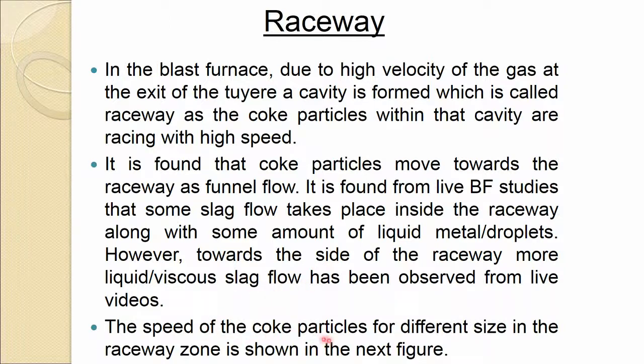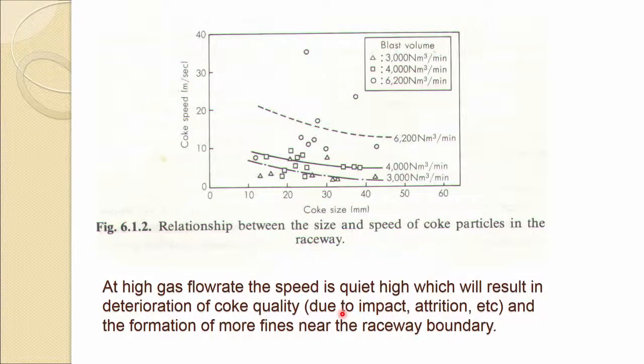So, the speed of the coke particle for different sizes in the raceway zone is shown in the next figure. You can see in this figure the blast volume in normal meter cube per minute: 3000, 4000, 6000, and the different coke sizes varying from 10 millimeter to 60 millimeter, and the coke speed in meter per second.